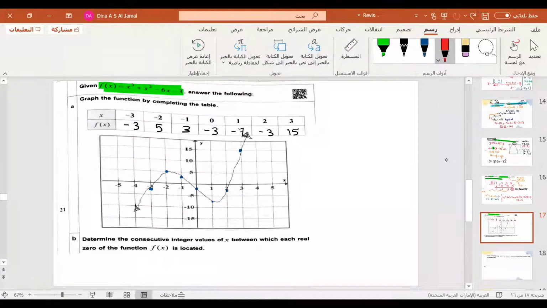Determine the consecutive integer values of x between which each real zero will be located. Of course, whenever you are having a change of sign, you can watch one of the videos where I told you how you can analyze the table and how you can analyze the graph of a polynomial.